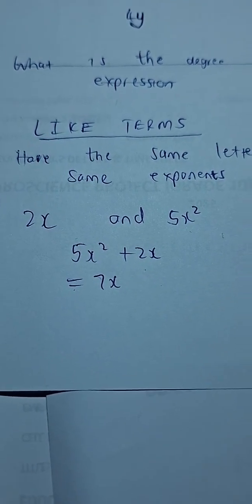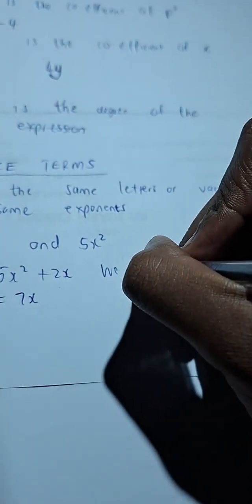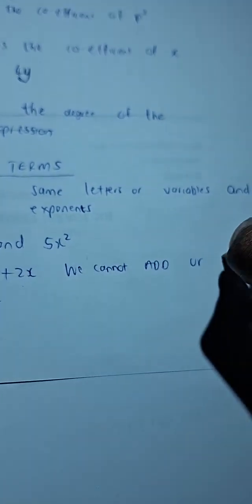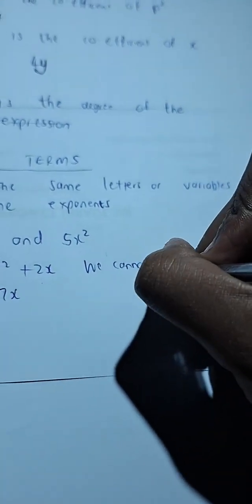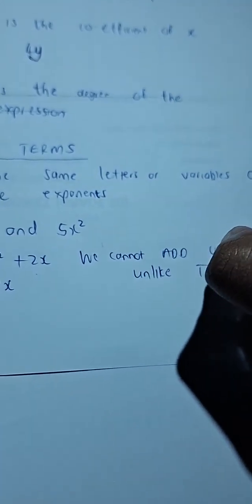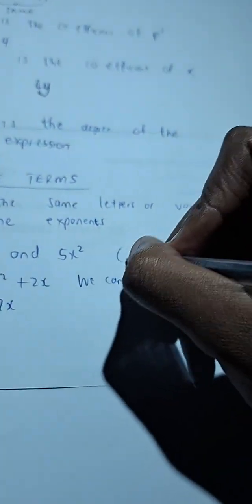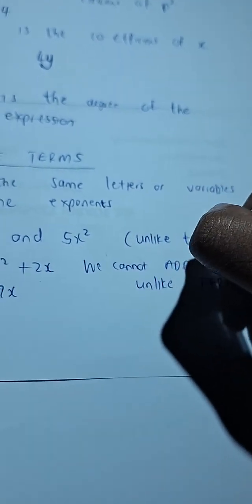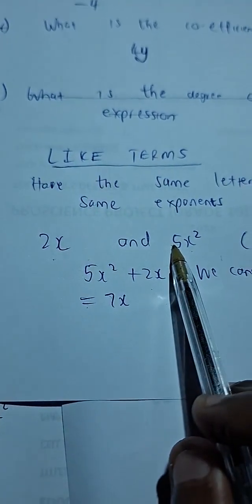Because what's the rule? We cannot add or subtract unlike terms. So these are not like terms, but we refer to them as unlike terms, meaning they are not alike.